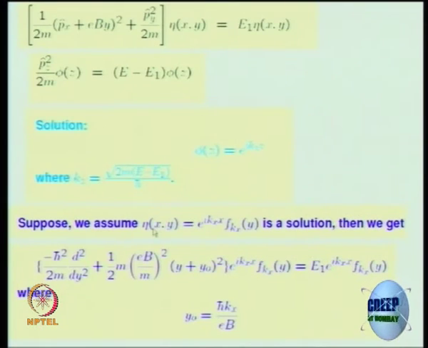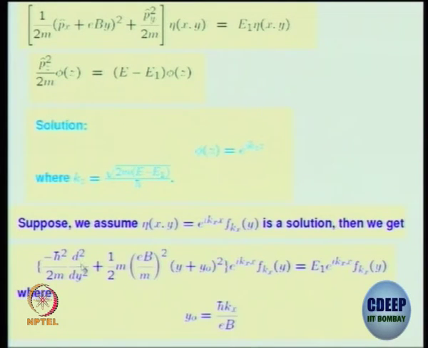So, let us plug in this and write out the top equation. Can you plug it in and check whether you get this? So there will be a Px squared. Px squared will give you a kx squared because you will have a del by del x. Minus i h cross del by del x will give you a kx.